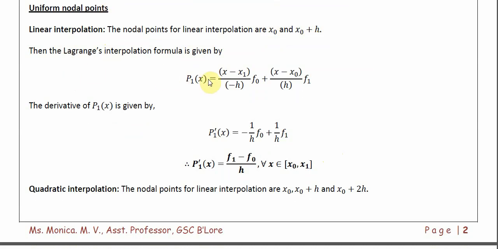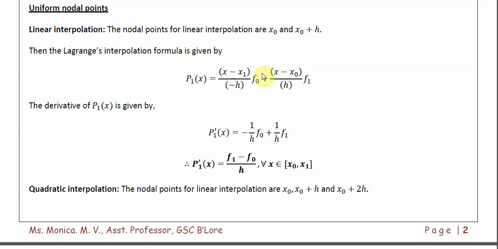Okay, so the Lagrange's interpolation formula will reduce to x minus x1 divided by x0 minus x1, and x0 minus x1. x1 is the bigger point, x0 is the smaller point, therefore x0 minus x1, the difference is h but a negative of h. And in the polynomial, it is going to be x1 minus x0, and x1 minus x0, the difference is nothing but h.